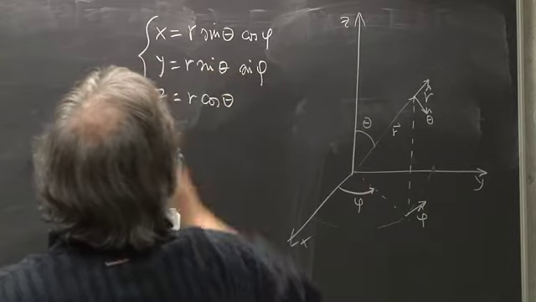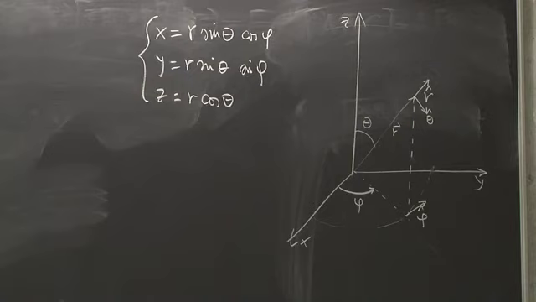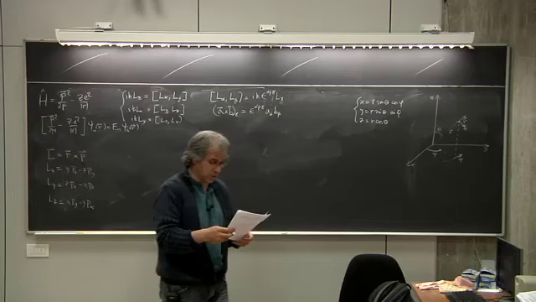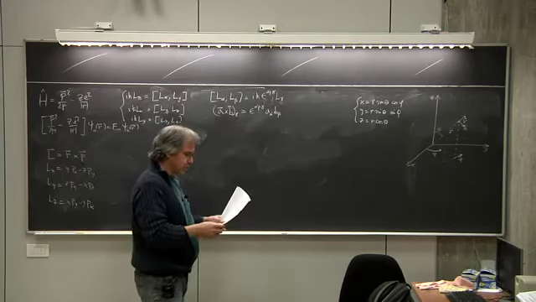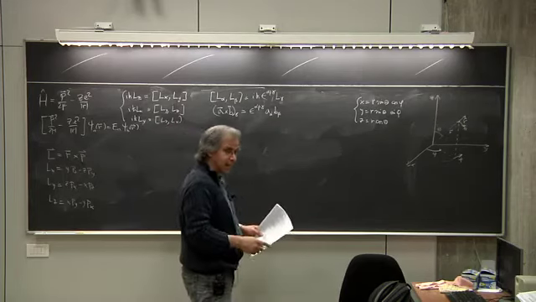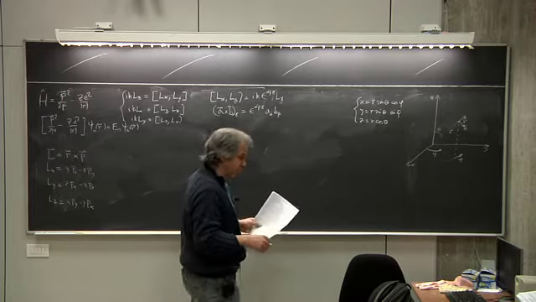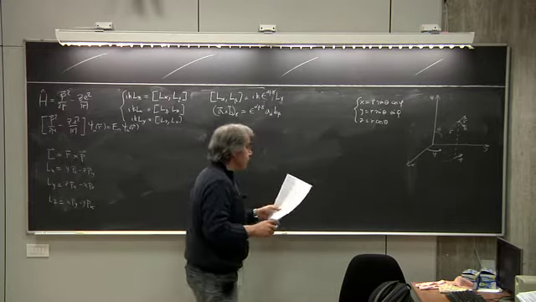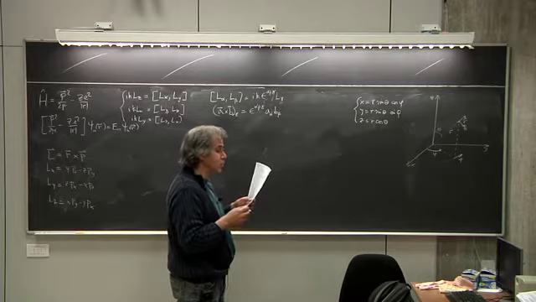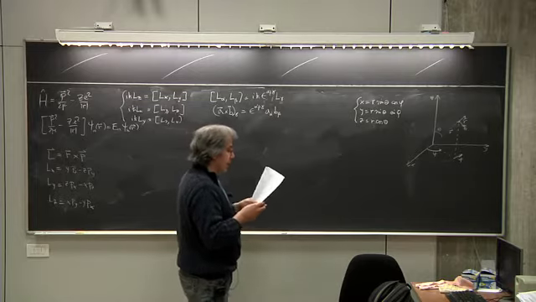Okay? These are the standard rules. Now, you know also how to change variable in the various derivatives. And for this purpose, I urge you to do an exercise that was included in George Thompson's lecture notes, but I ask you to redo it, please.